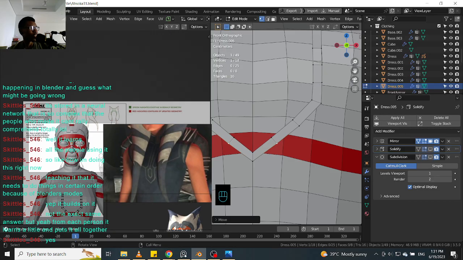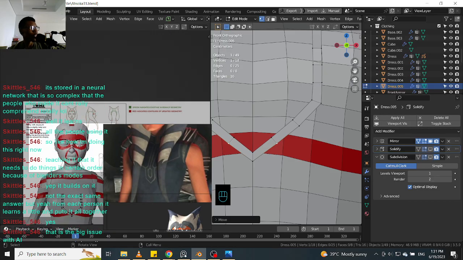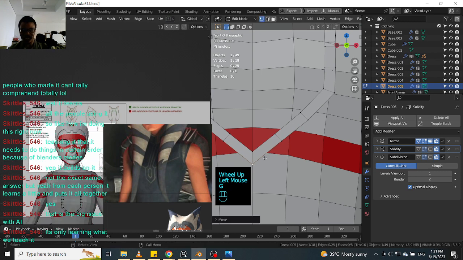teaching that it needs to do things in certain orders because of Blender mode. Yep, it builds on it. Not exactly the same answer, but from each person it learns a little and puts it all together. Yeah, that is the big issue with AI. It only learns what you teach it.